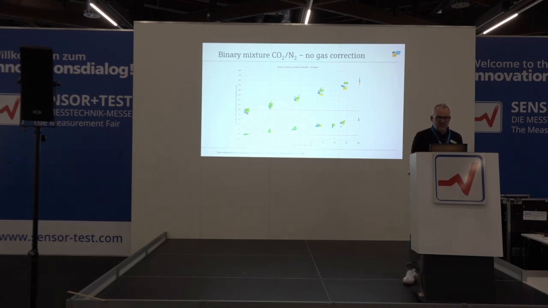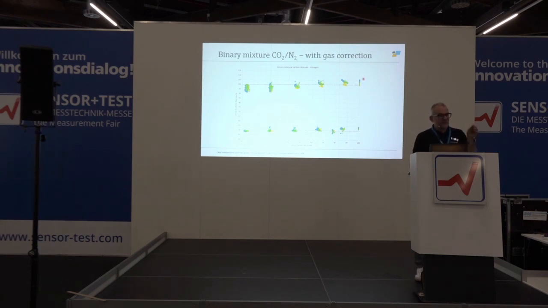The sensor measures quite correct at 5% CO2, but the higher the CO2 concentration is, the wronger is the output. And here the main effect is the density difference from CO2 to nitrogen. In our sensor concept, we can correct it for every concentration in time. So we can correct the slope easily.